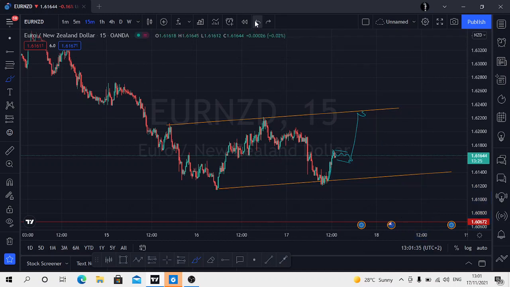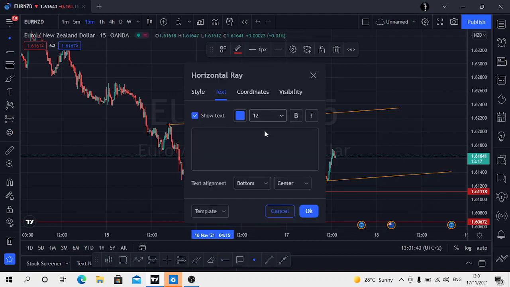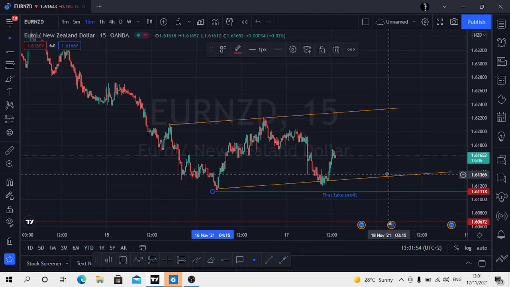So back to our analysis right there. So now looking at price over here, let us place this and then let us label it immediately as our first take profit. Right, so we have that labeled as our first take profit.